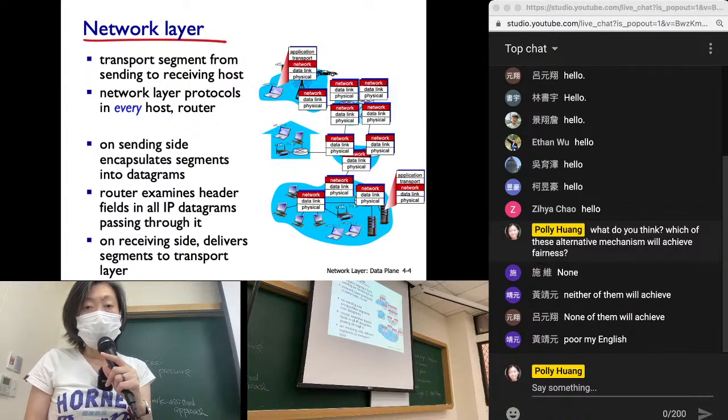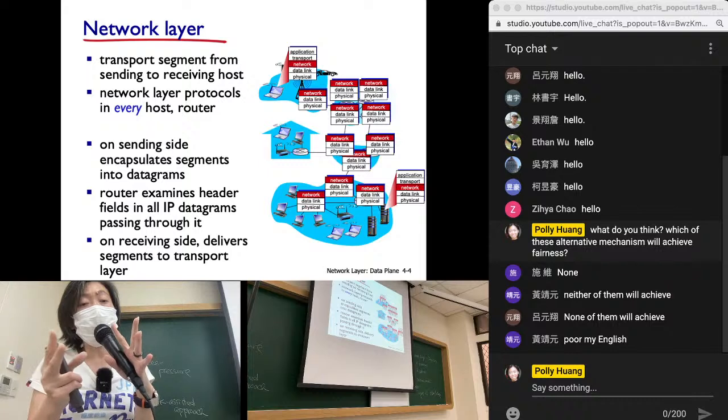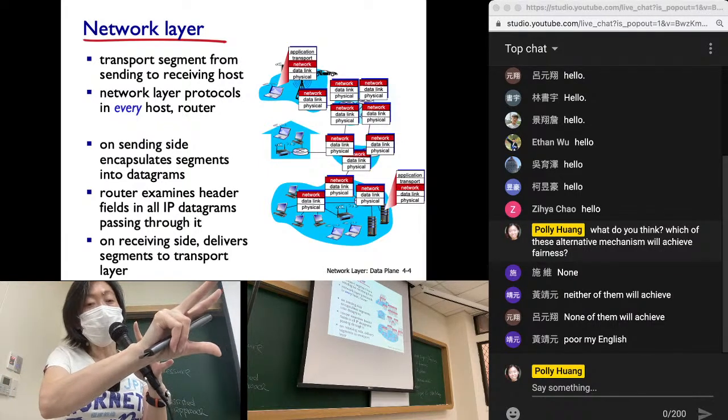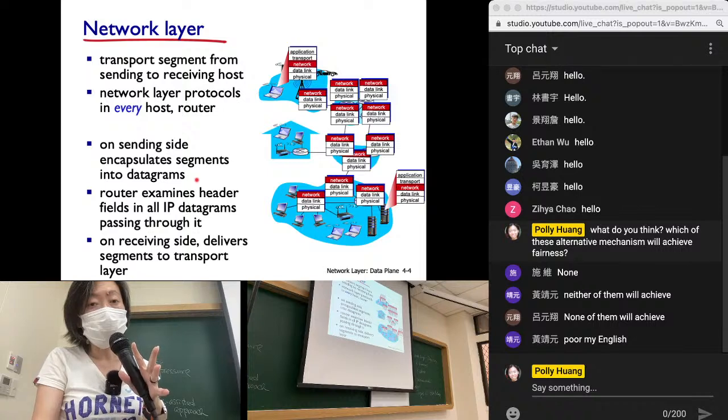So on the sending side, let's say here is the sender, and here the receiver. The sender side is going to encapsulate the segments it receives, adding the network layer header and turning it into an even bigger packet called a datagram.